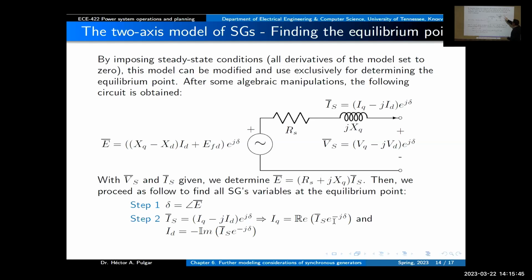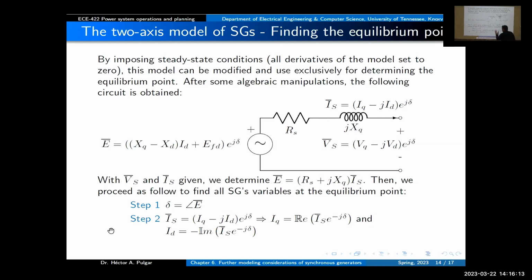When you have the angle delta for the equilibrium point, this is known. Then you can solve for IV and IQ, getting the real and the imaginary part. The equations are right here. If you have this equation, we can multiply by exponential of negative J delta, and then you get this expression right here.